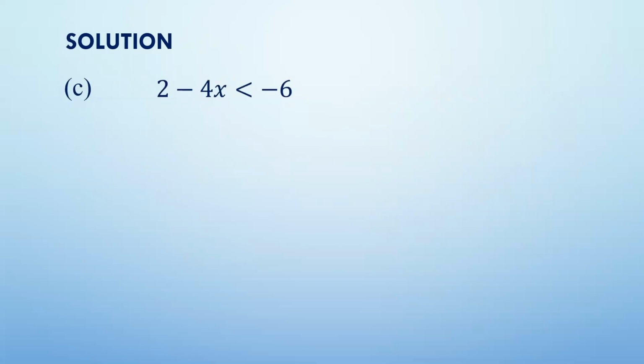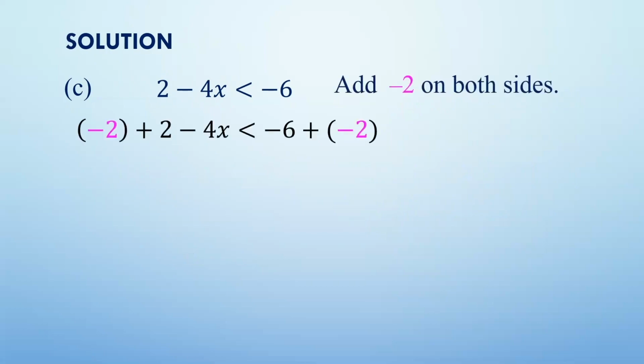Part C, 2 minus 4x less than negative 6. So first I need to eliminate 2 on the left-hand side. How do I proceed? I add the additive inverse of 2 on both sides of the inequality. So I get minus 4x less than minus 8.